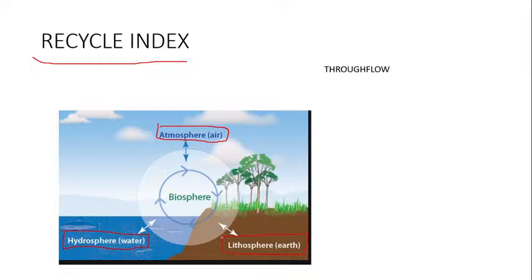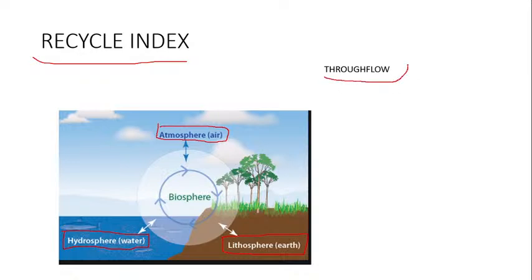So recycle index is a ratio of the amount of a material cycling between these three places, atmosphere, lithosphere and hydrosphere. It is rotating. The ratio of amount of a material cycling between hydrosphere, lithosphere and atmosphere within the global system and the total through flow is what is called recycle index.